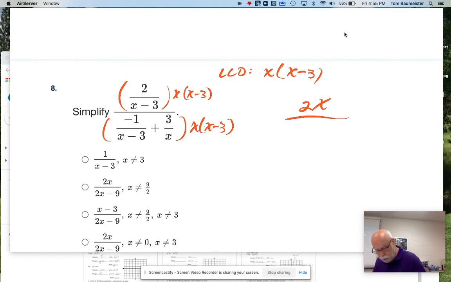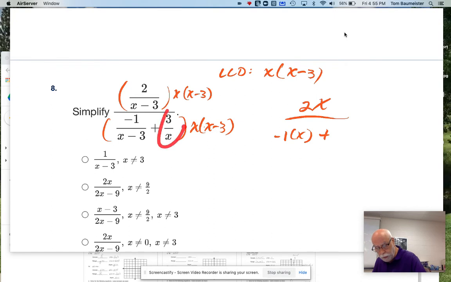On the bottom one, on the first one there, I can get rid of the x minus 3 and the x minus 3. So that would give me a negative 1 times x, right? And then on the second part there, I have a plus there. What am I getting rid of there?